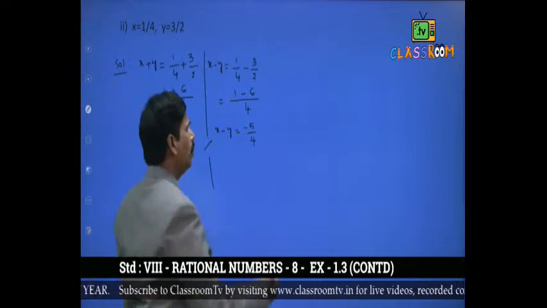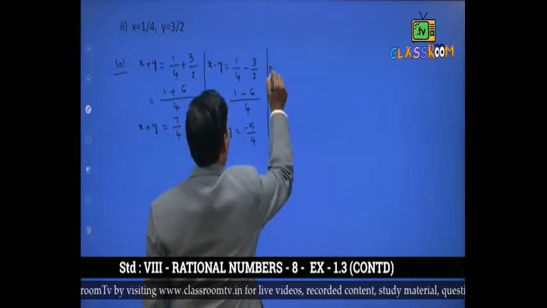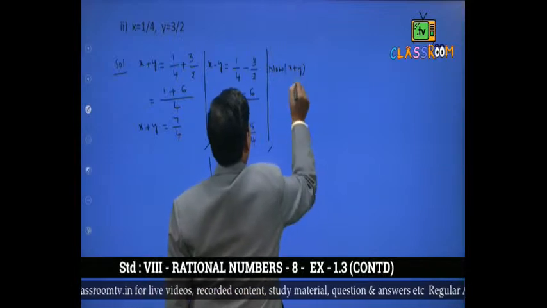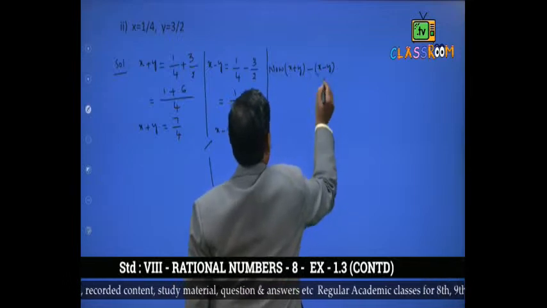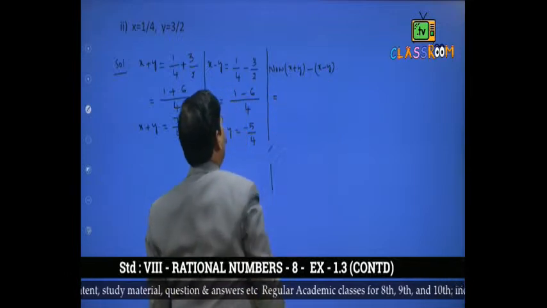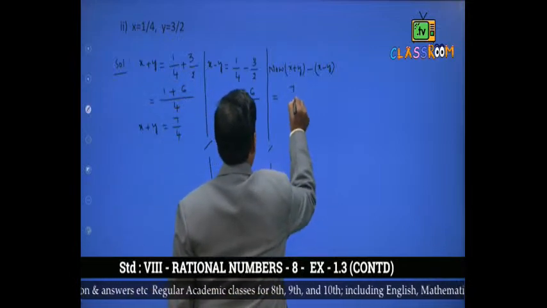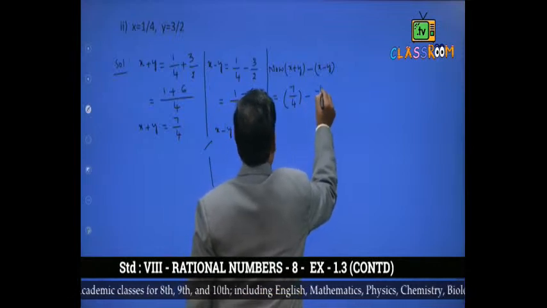So now what is asking? x plus y divided by x minus y. This is equal to, the value of x plus y we got it as 7 by 4 divided by minus 5 by 4.